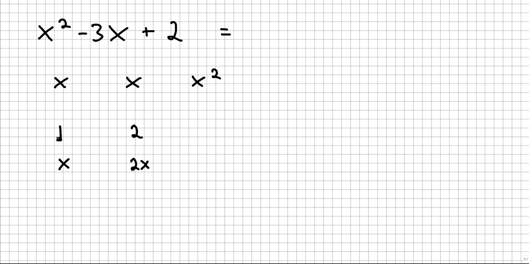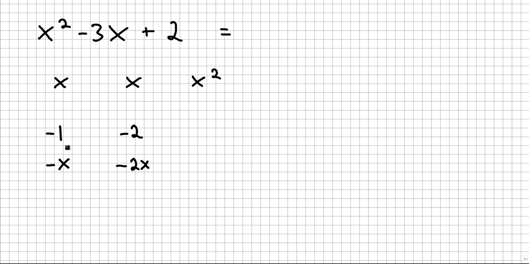And now we have to find out if it's going to be plus or minus in front of the 1 and the 2. So in order to get minus 3x, we have x and 2x. Well, we have to have minus x and minus 2x in order to get minus 3x. So it's going to be minus 1, minus 2. Let's see if we can get this 2 from these factors.